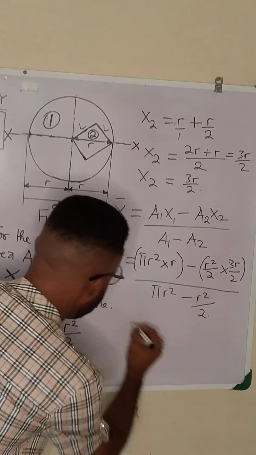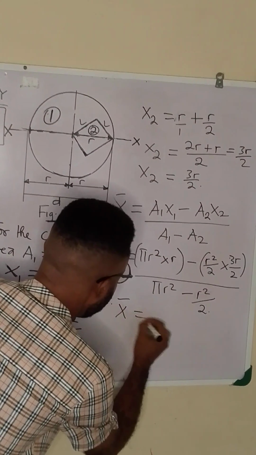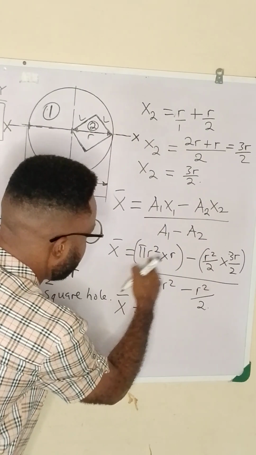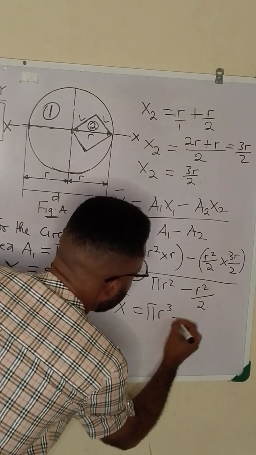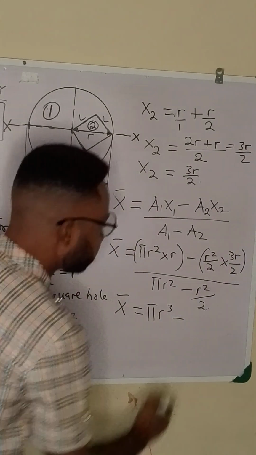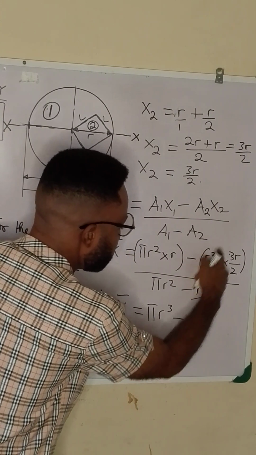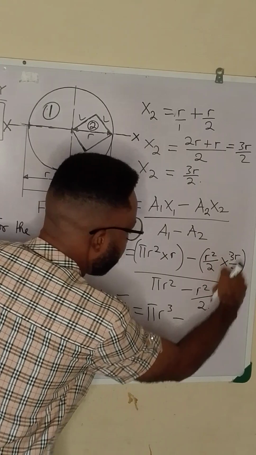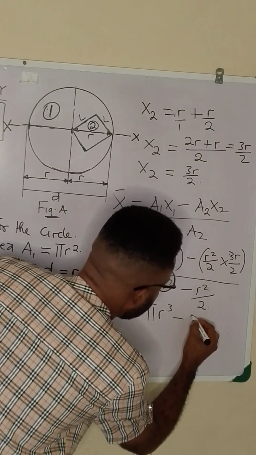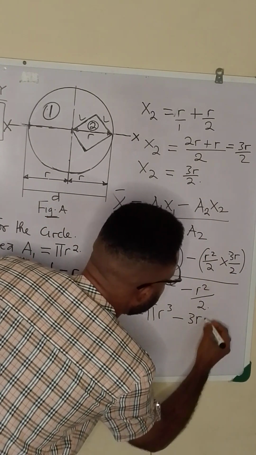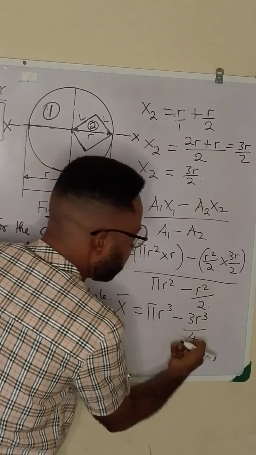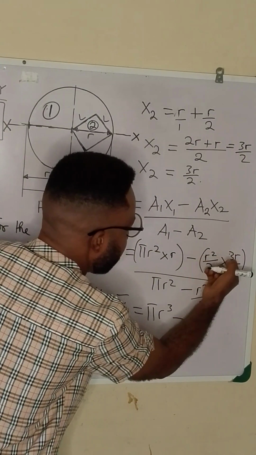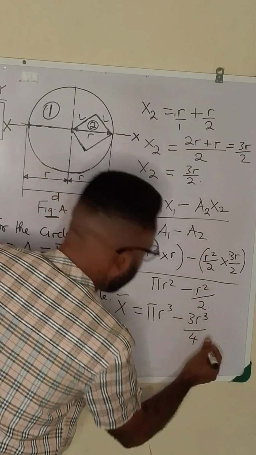At this point you can say our x bar equals pi r squared times r, which gives us pi r cubed, minus r squared all over 2 times 3r over 2, which gives us 3r cubed all over 4, because this times this gives us 4, and r squared times 3r gives us 3r cubed.